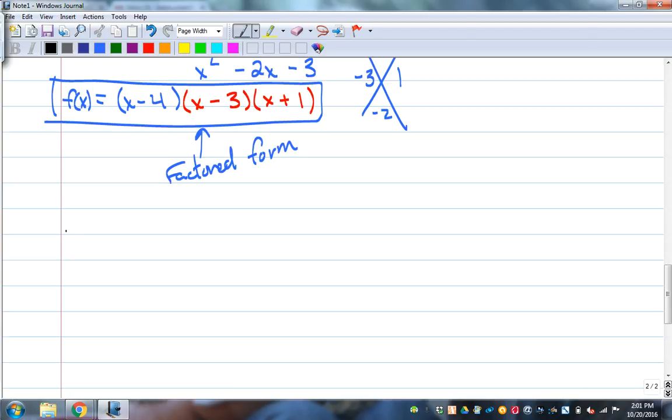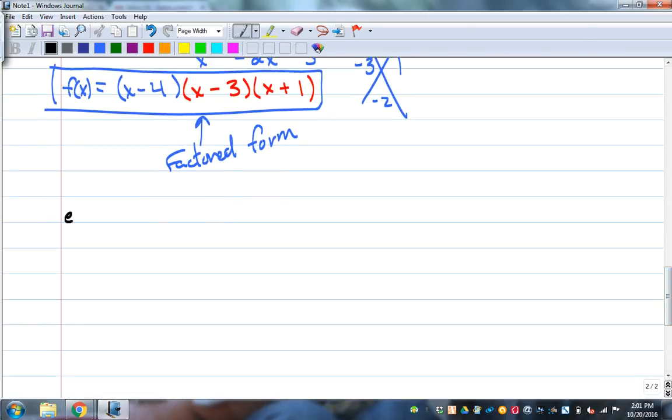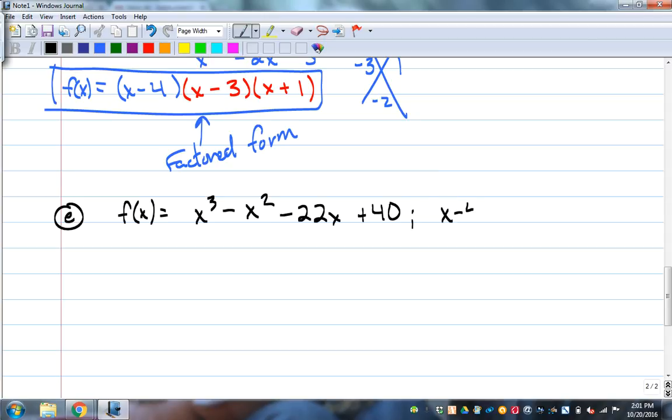All right, let's look at another polynomial. Let's say we had f of x is equal to x to the third power minus x squared minus 22x plus 40. And they tell me that x minus 4 is a factor.